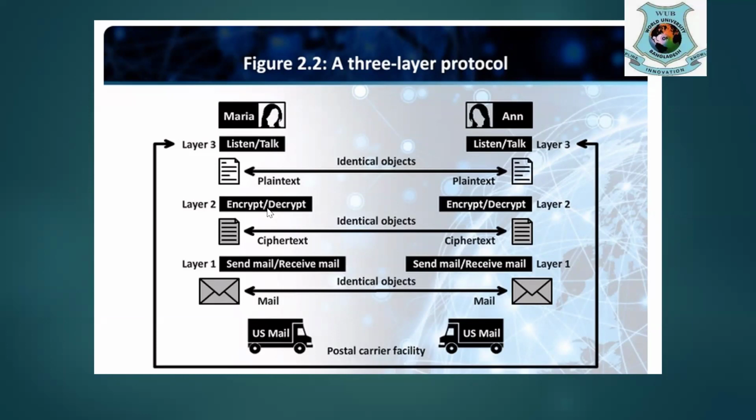Let's assume that Maria and Anne are now in two different cities. They are not talking face to face, but are far apart. The communication between them happens in these three layers.